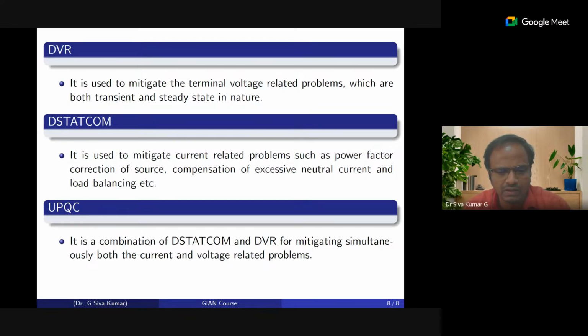If you take very sensitive loads, as Professor Saad has discussed, maybe data centers, semiconductor manufacturing industries, or hospital loads, for those the DVR is very well used. But typically, in the existing systems, people are not going to use the DVR.